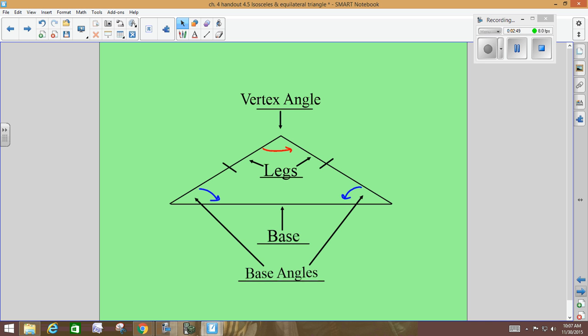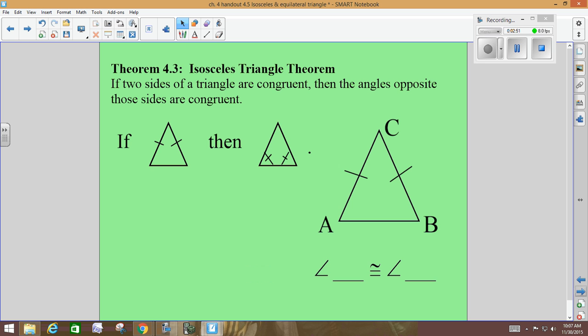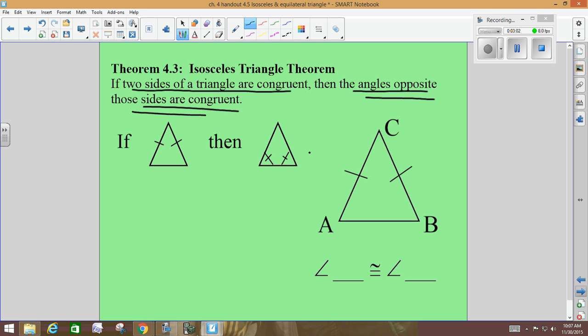There are two theorems that go with isosceles triangles. The first one, the isosceles triangle theorem, states that if two sides of a triangle are congruent, then the angles opposite of them are congruent. Opposite means across from that side, not touching that side. So in my picture here, triangle ABC is isosceles because it has two congruent sides.